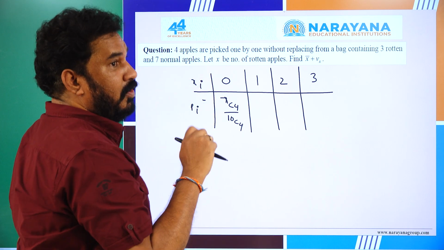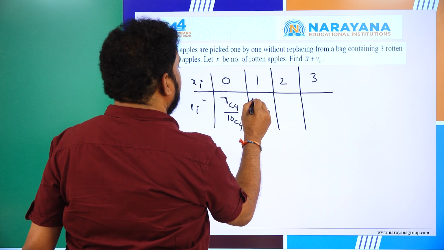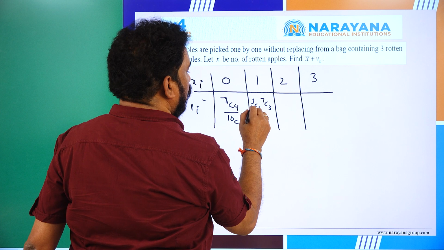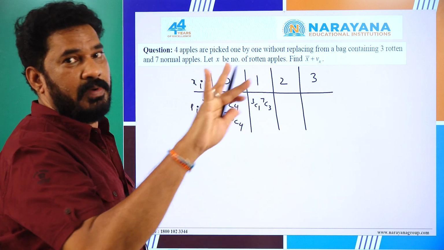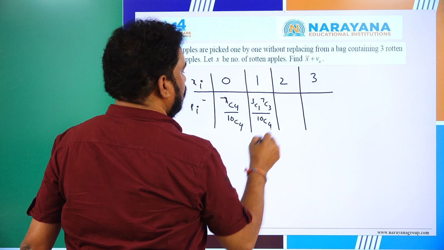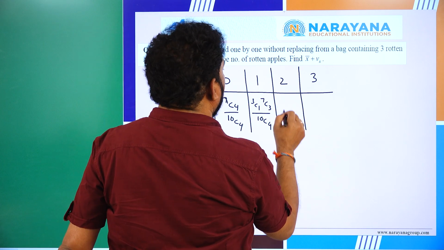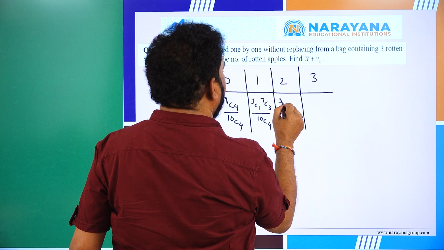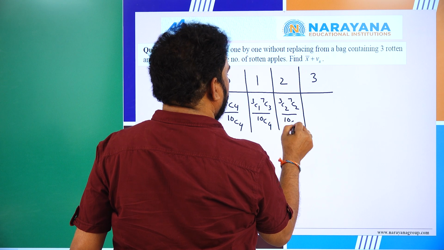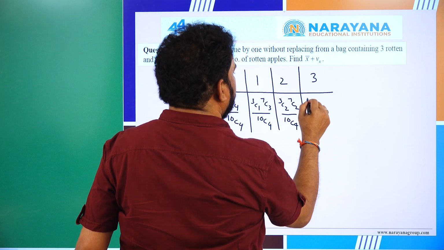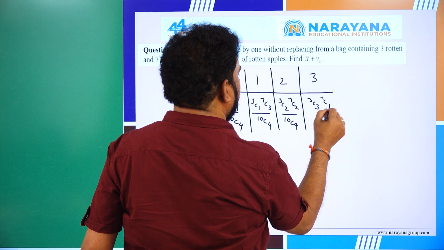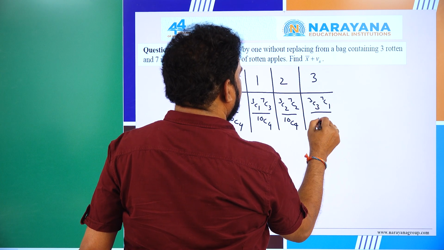Totally 4 were taken. 1 rotten apple means this is 3C1 into 7C3, and the remaining 3 are normal apples. So totally 10C4. Okay. Next 2 rotten: 3C2 into 7C2 by 10C4. So 3C3 into 7C1 by 10C4.